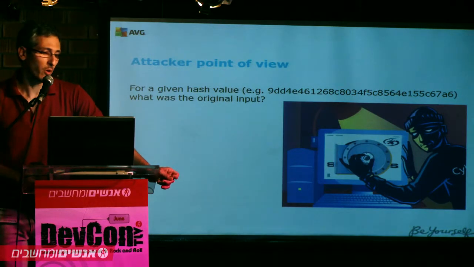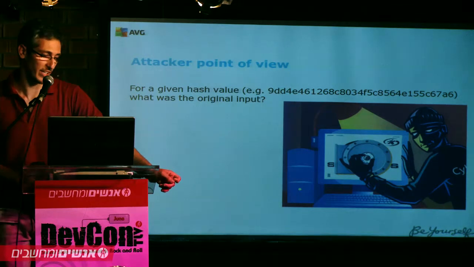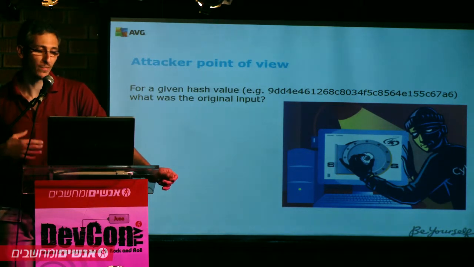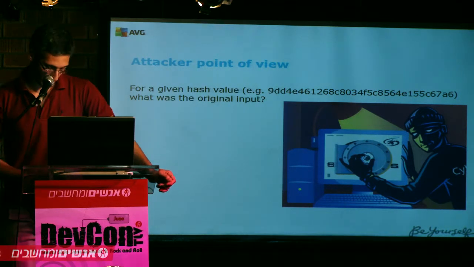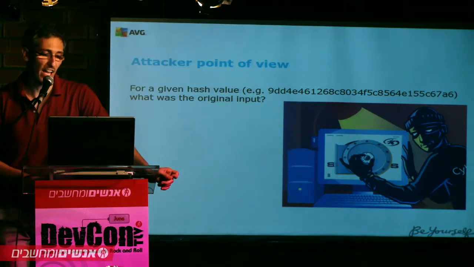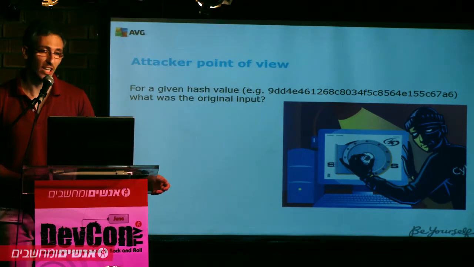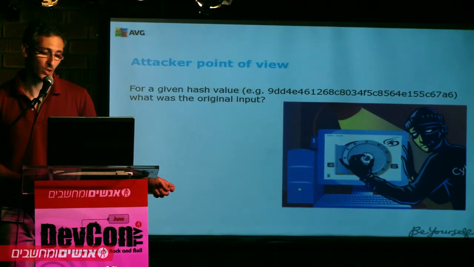Okay, so suppose that an attacker has somehow managed to get their hands on your database. As I said, they can't use the hash values in order to get access into your system. So an attacker would have to do some kind of cracking in order to realize what value was put in to get the hash.